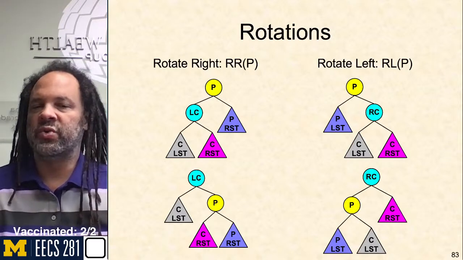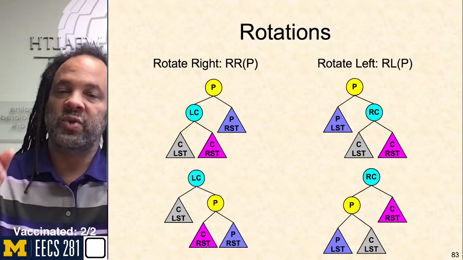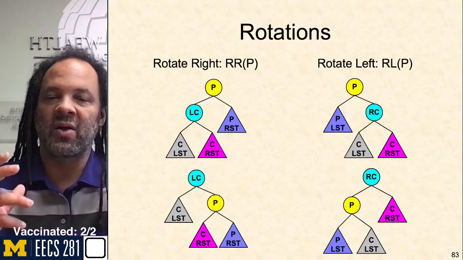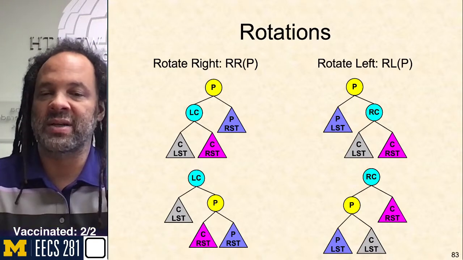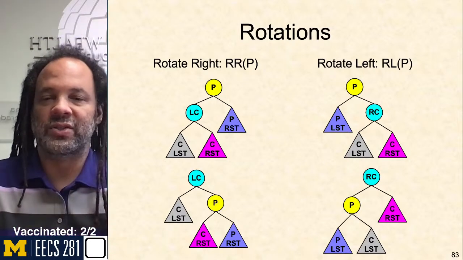Where does that magenta tree end up? Start out in relation to the left child? Well, it's also to the right of the left child. So as long as that magenta triangle ends up to the right of the left child and to the left of the parent, it has to be okay. We have preserved our binary search tree property.